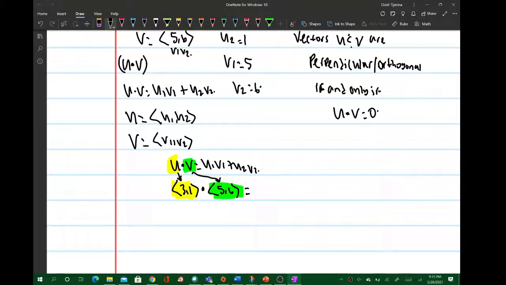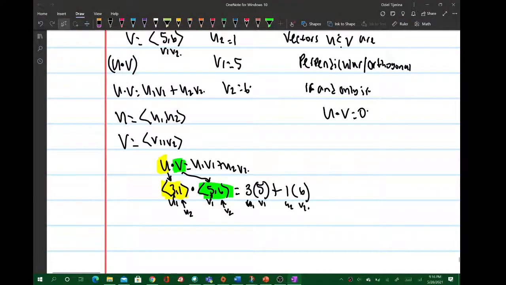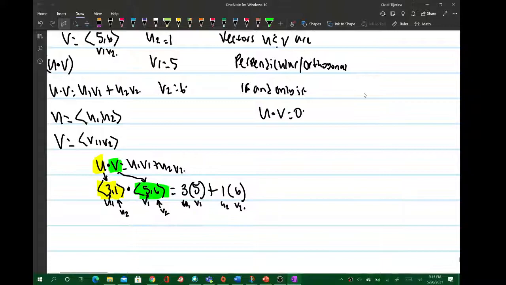So basically u1 is 3, so we have 3 times v1, which is 5, plus u2, which is 1, times v2, which is 6. So this would be 15 plus 6, which is 21.